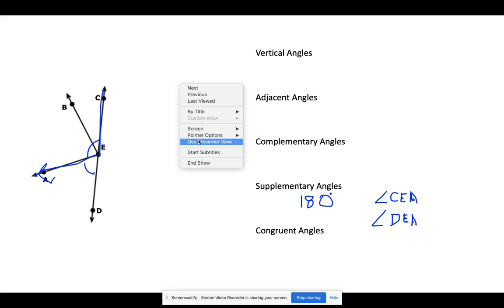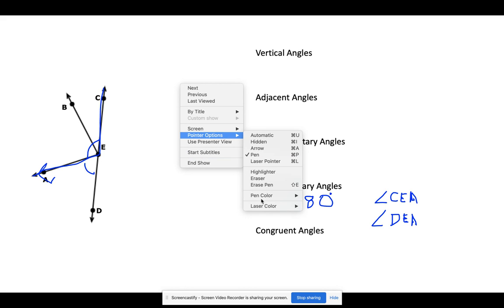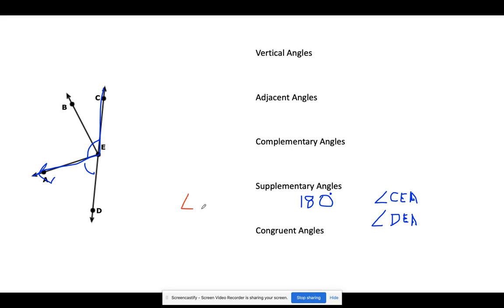There's one other pair of supplementary angles in here, and that pair would be angle DEB and angle CEB, which means I'm talking about this complete angle here and this angle there. Those two angles add up to 180, so they're supplementary.